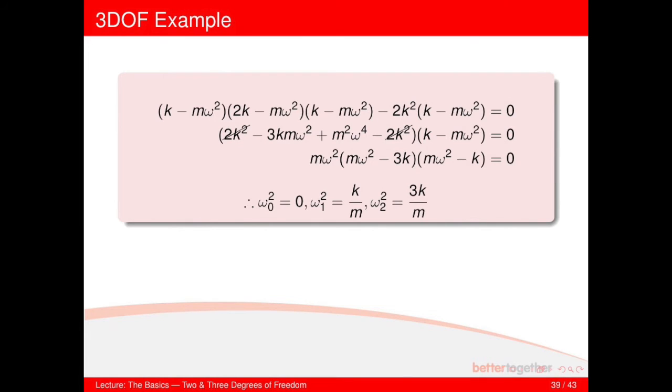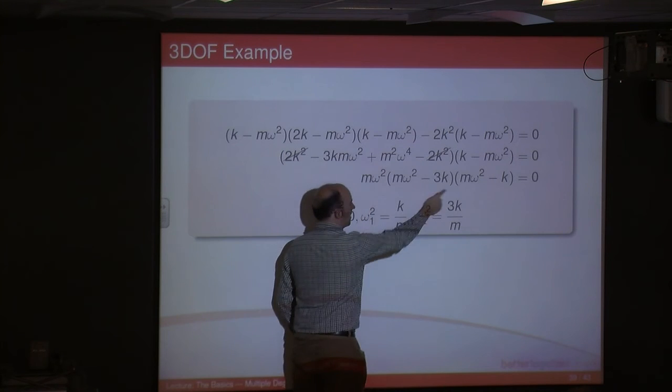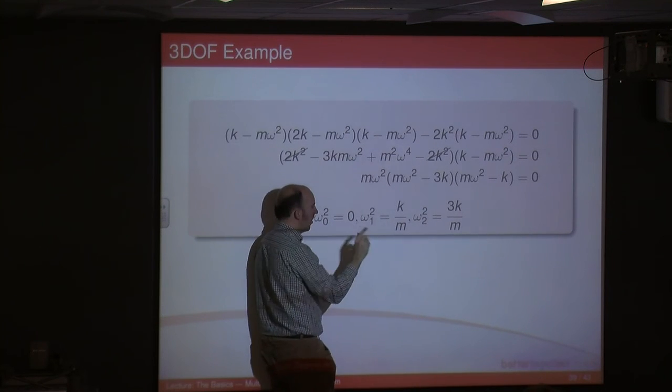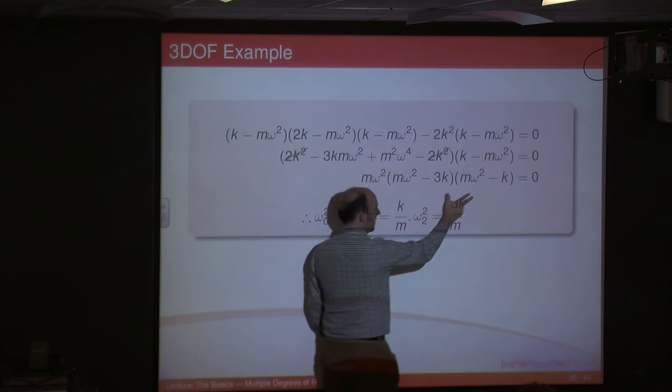But we first need to find our natural frequencies. Following the equation on the formula sheet, you can solve a 3x3 determinant. We'll go through that in an example, and you can end up getting an equation of motion. It's quite clear that this can only be true if this is 0, or this is 0, or this is 0.